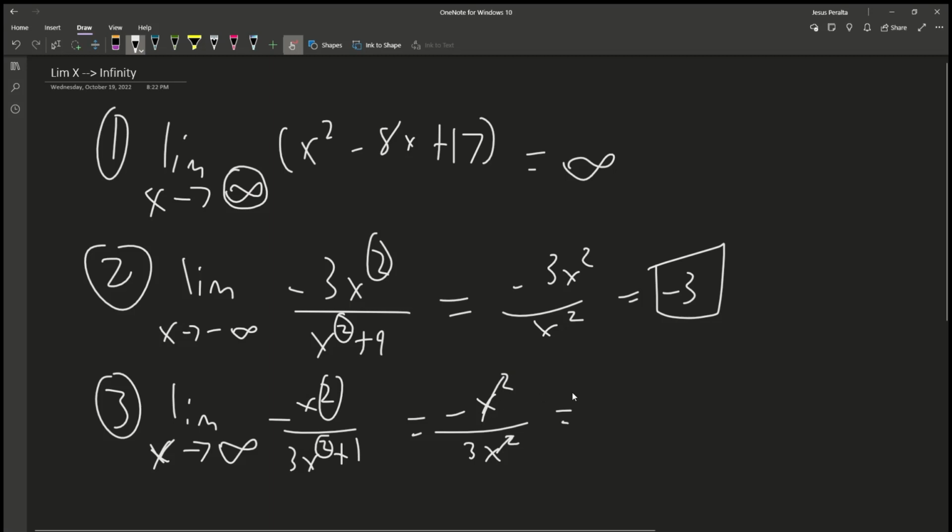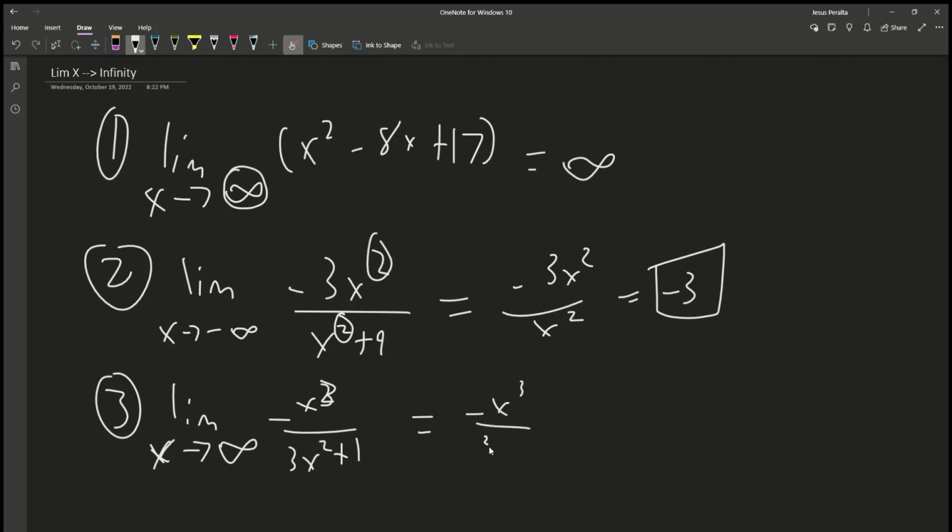These cancel out, so you basically have... actually, I wrote the problem wrong. So this right here is actually supposed to be a 3. So we rewrite it. It's going to be negative x cubed over 3x squared.